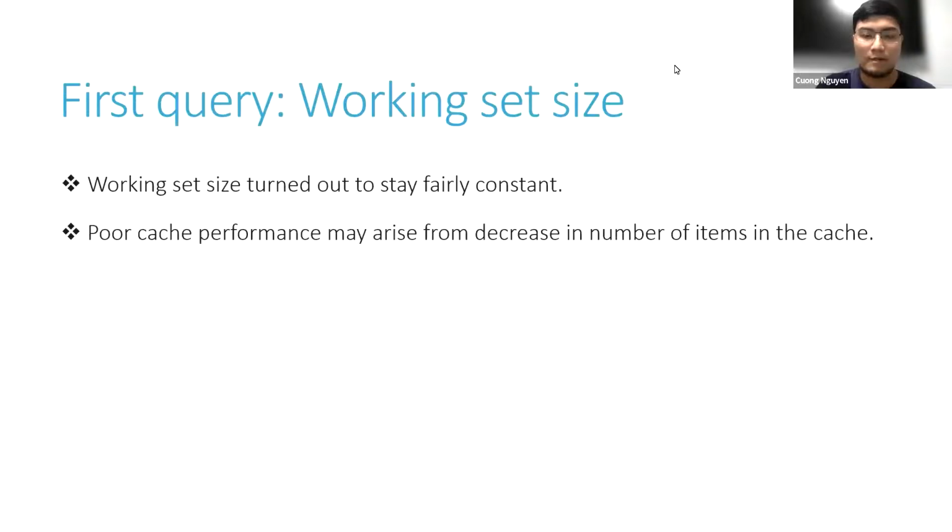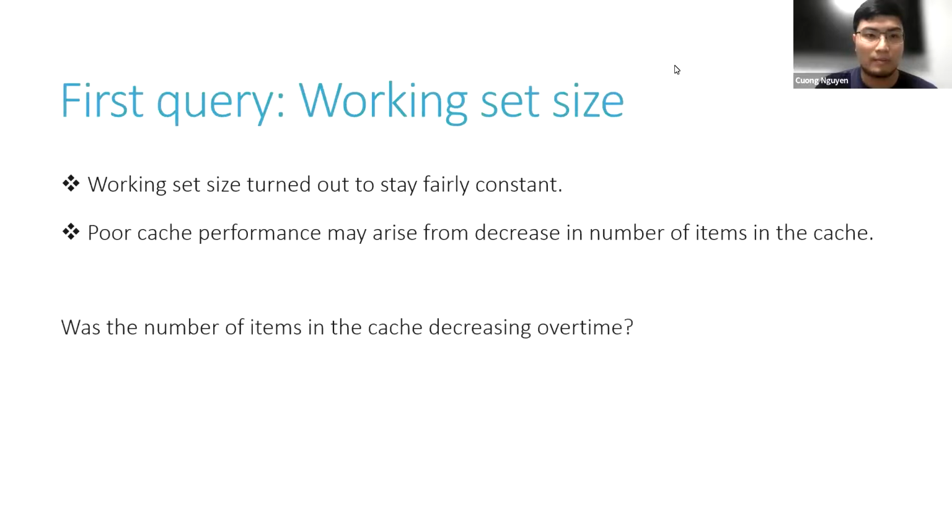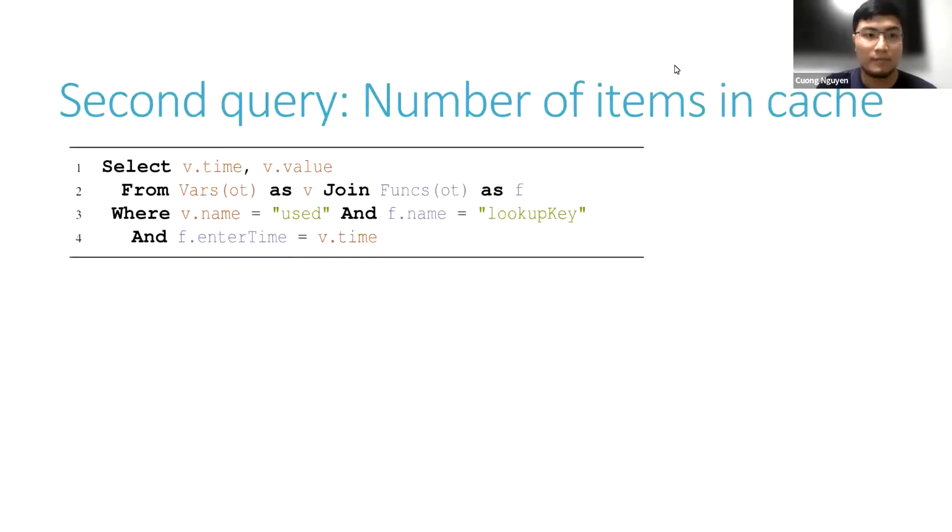So the developer looked at the next possible cause of the poor performance, which is that the number of items in the cache could be decreasing. The developer asked the question, was the number of items in the cache decreasing over time? To answer this question, we can write this SQL query, which joins the vars view and the funcs view.